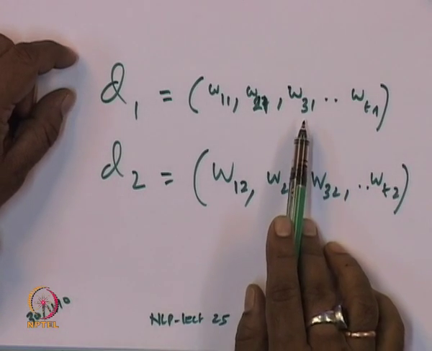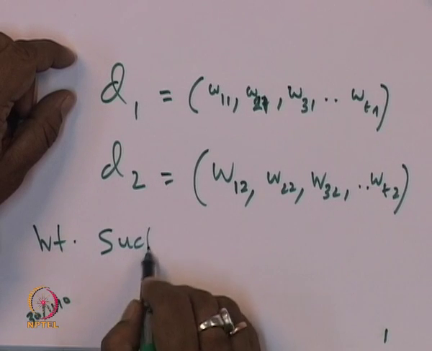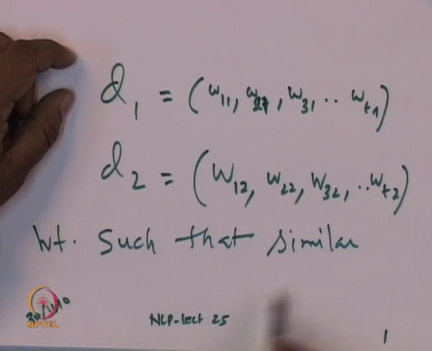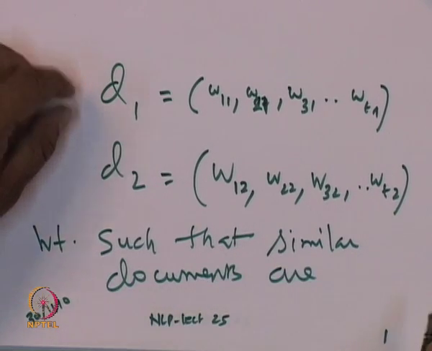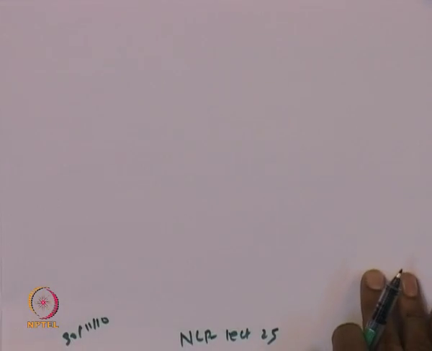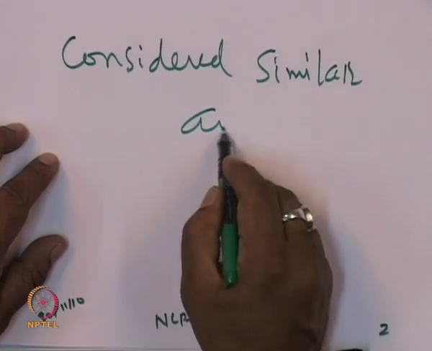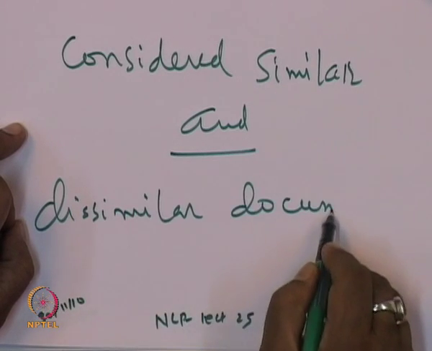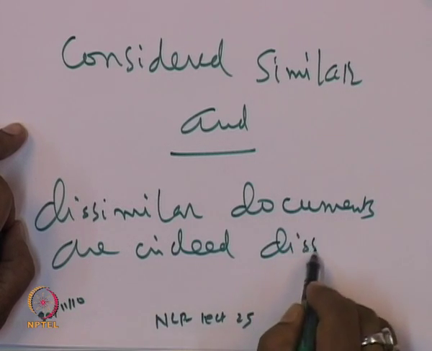So, this is a very important point: weight such that similar documents are considered similar and dissimilar documents are indeed dissimilar.